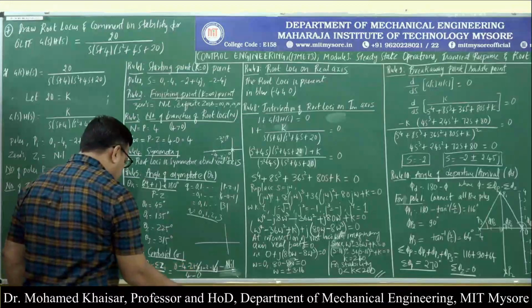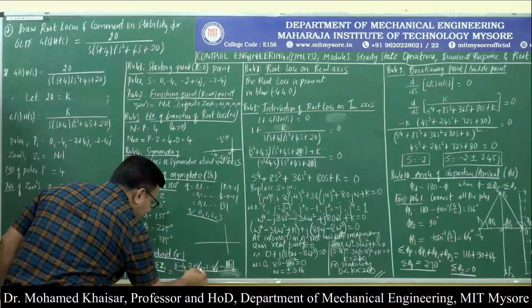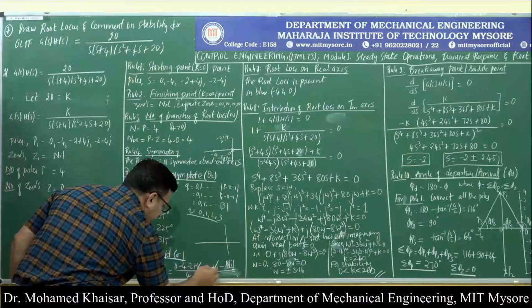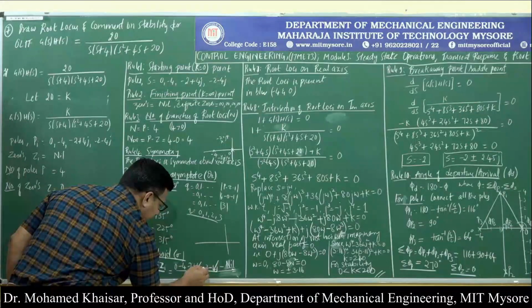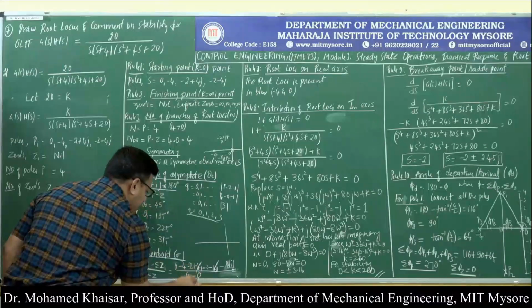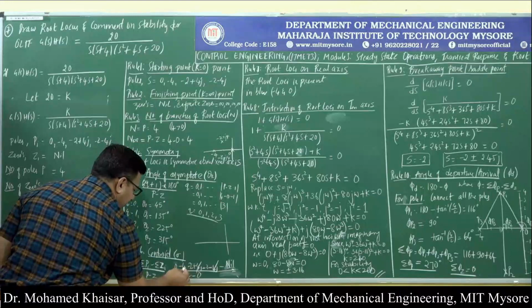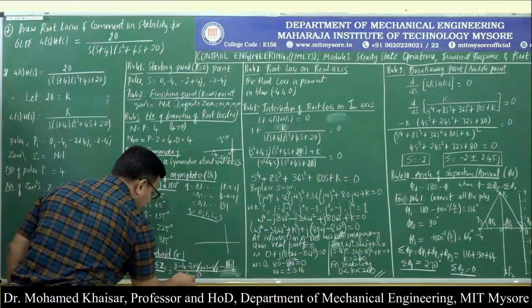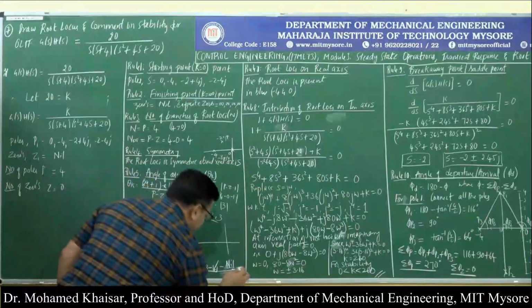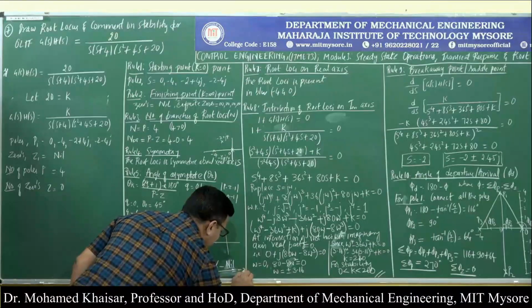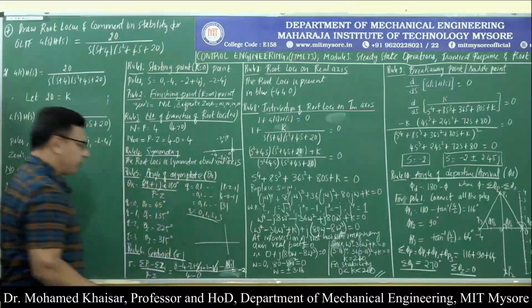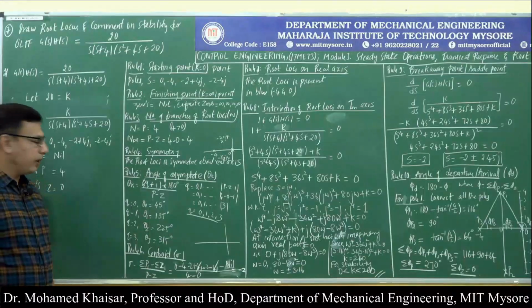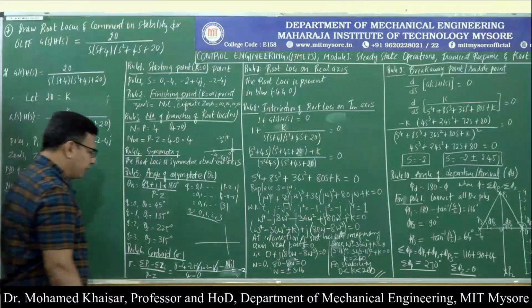The minus 4j and plus 4j get cancelled. Then minus 2 is minus 4, minus 4 is minus 8, and minus 8 by 4 is minus 2. So the centroid will be present at minus 2.